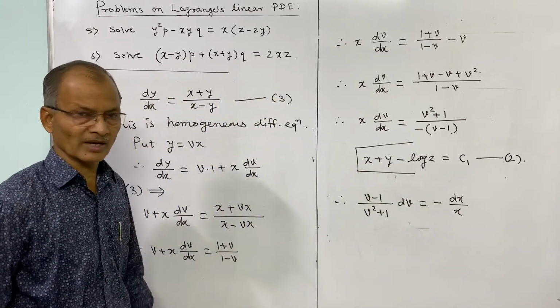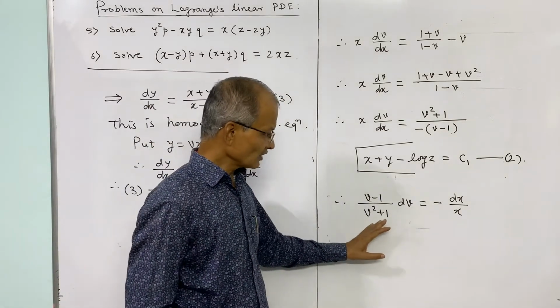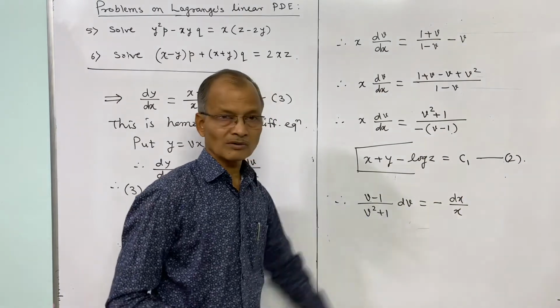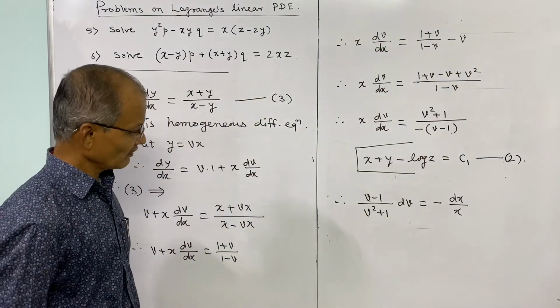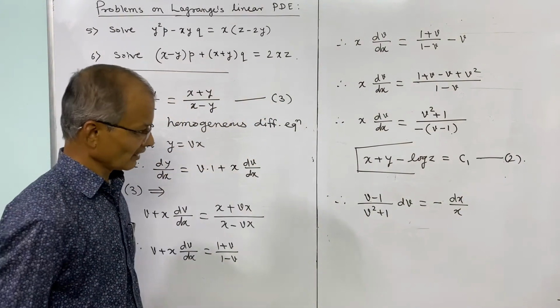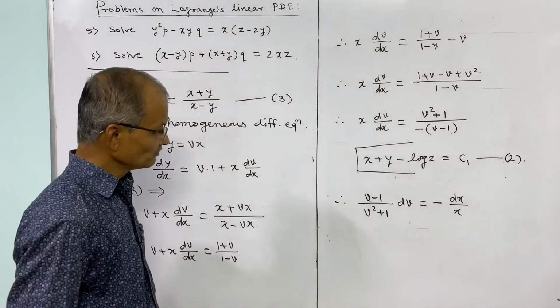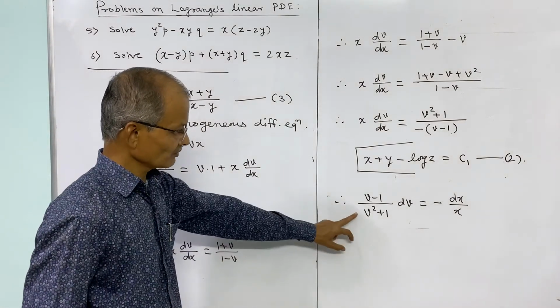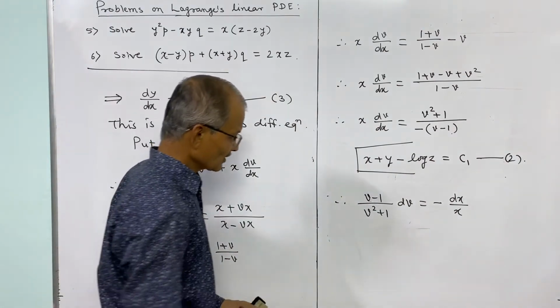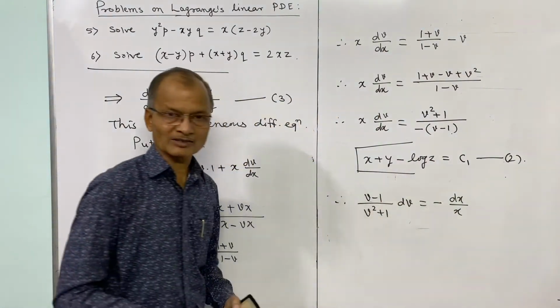Now it is in separate variable form: function of v into dv, function of x into dx. Therefore we can integrate. But before integrating, we should do the adjustment for this term by separating the parts of the numerator.